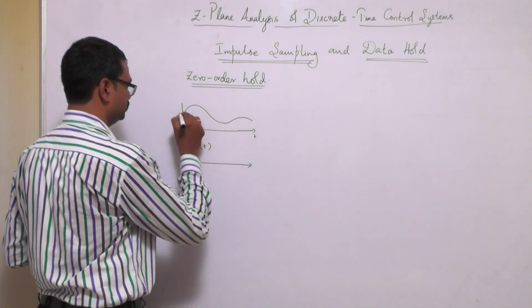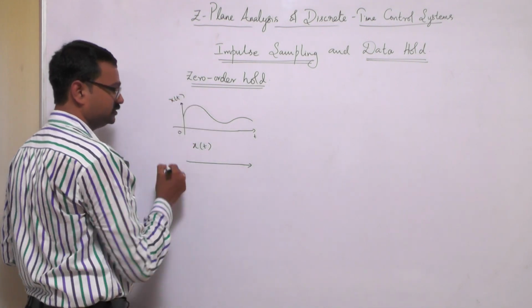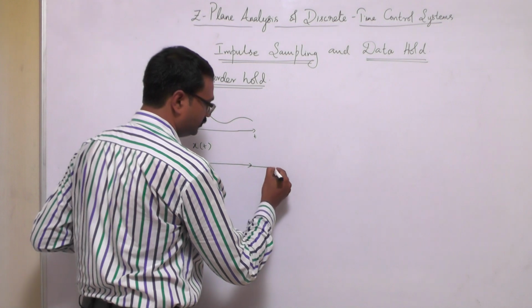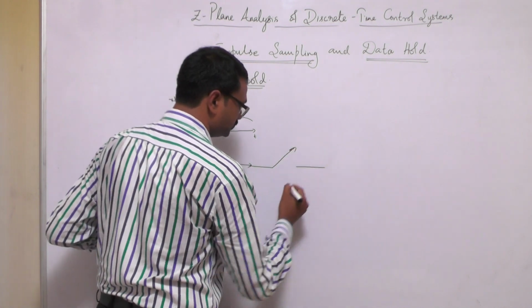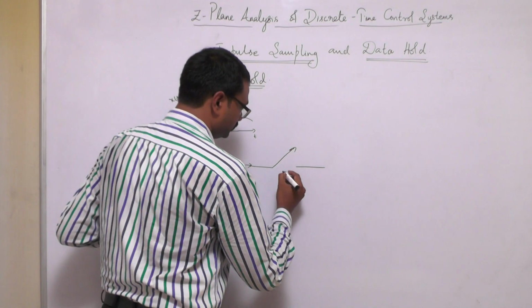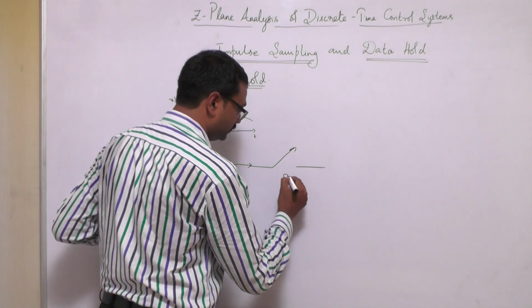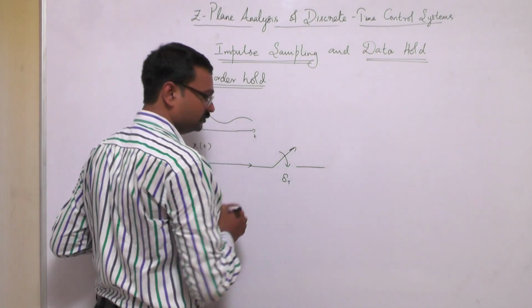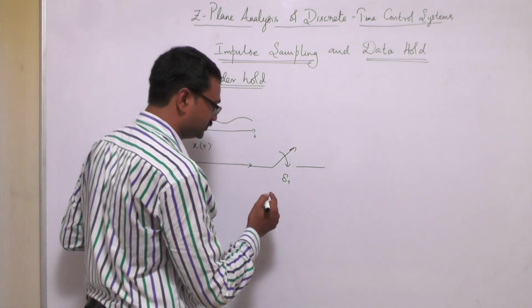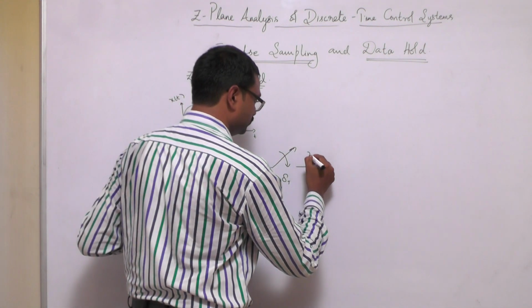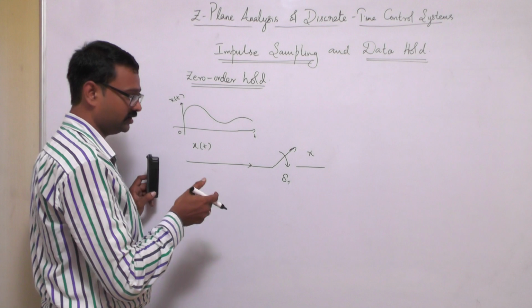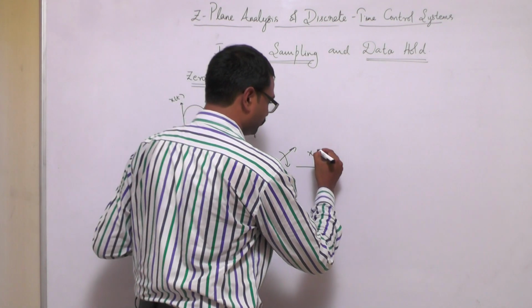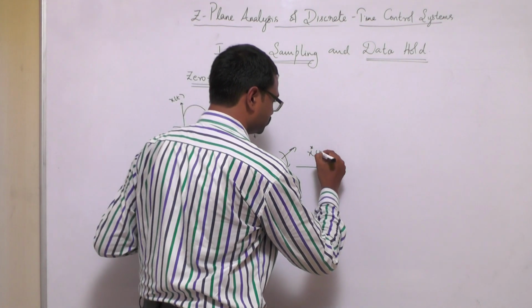Here I am giving an impulse sampler, a sampler with time delta t. It might not exist in the real world, but for mathematical applications we use this delta of t. Then you are going to get x star of t.